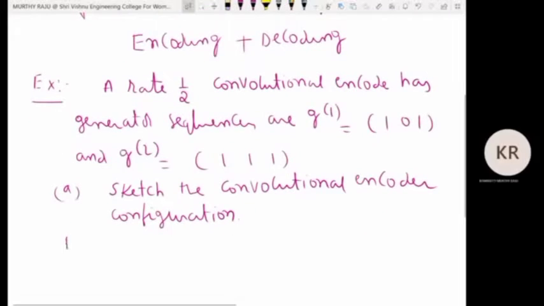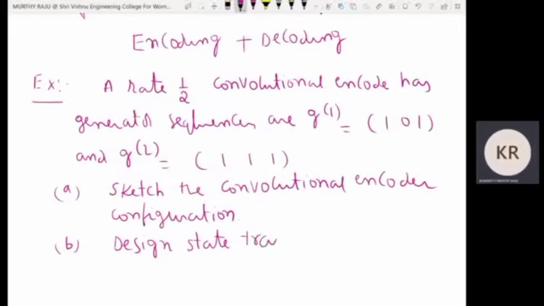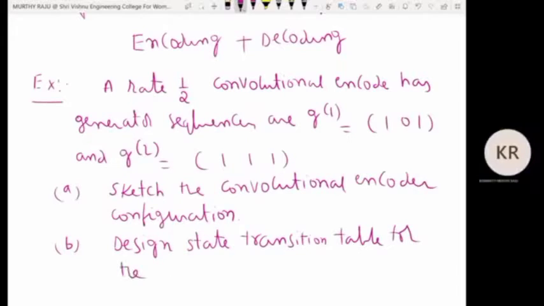B bit, design the state transition table for the above convolutional encoder.